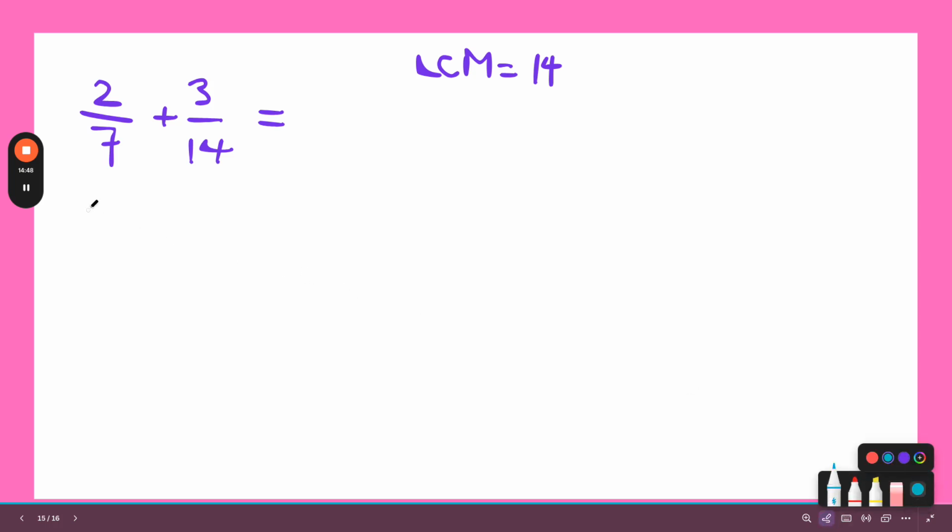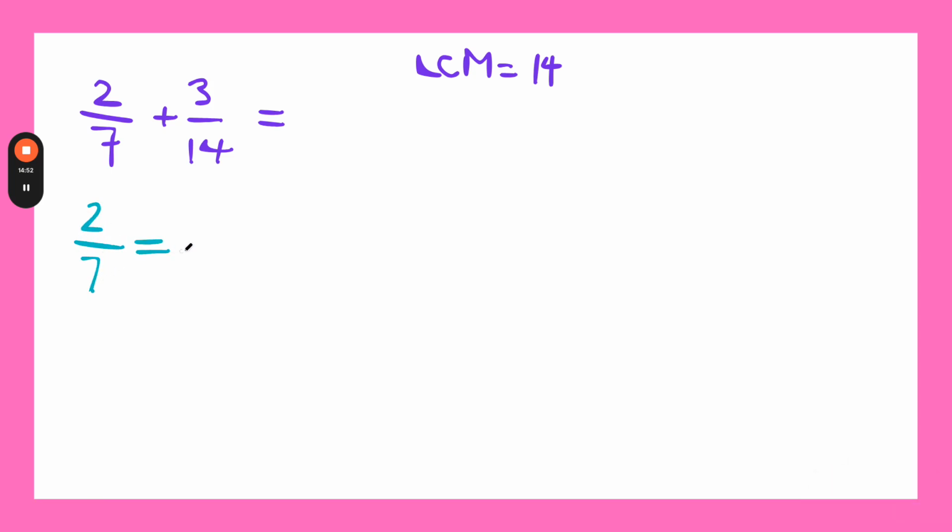So 2 over 7 is equivalent to some fraction with denominator of 14. So we need to find what operation we perform to get from 7 to 14, which is we multiply by 2, because 7 times 2 is 14.